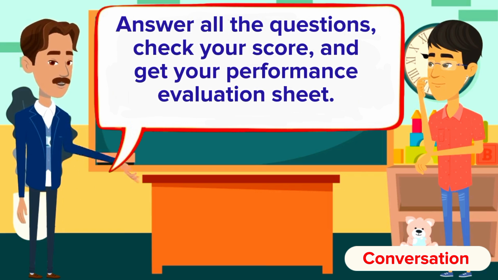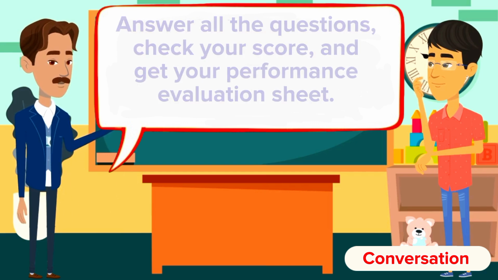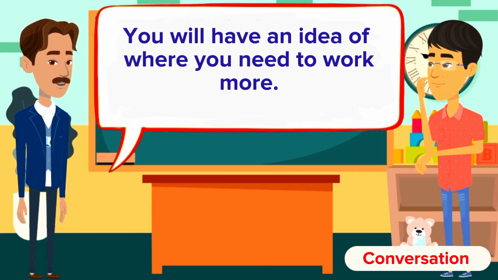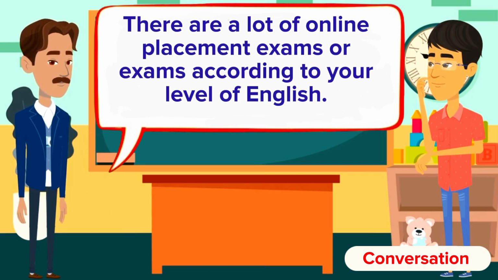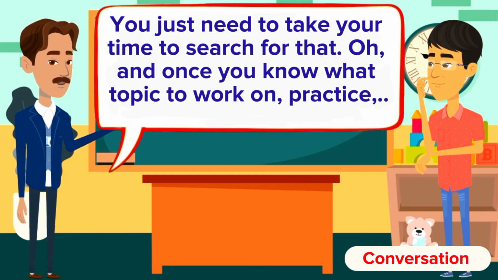Answer all the questions, check your score, and get your performance evaluation sheet. You will have an idea of where you need to work more. There are a lot of online placement exams or exams according to your level of English. You just need to take your time to search for that.